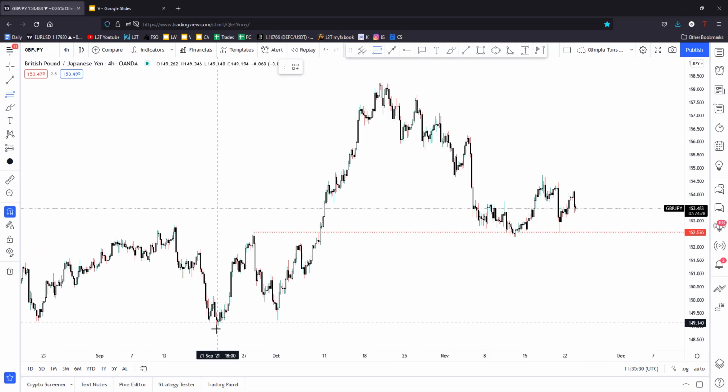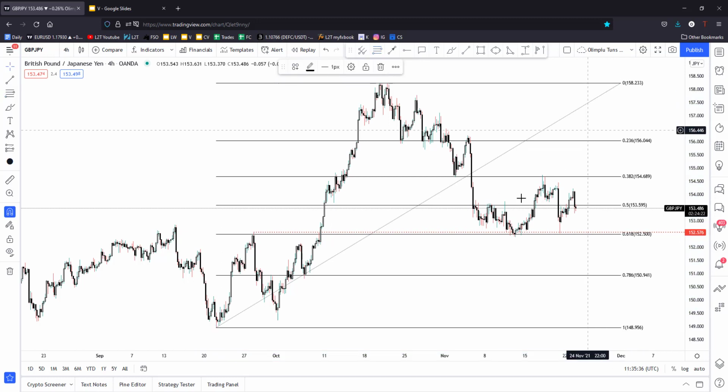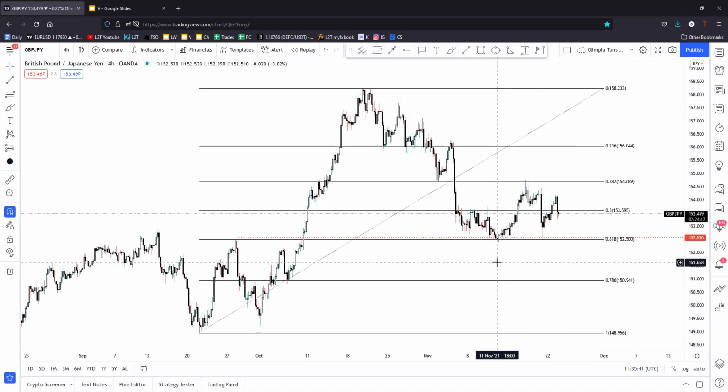Let's first of all use a Fibonacci retracement here. You can see that the price has decreased as much as 152.38. It has reached the 61.8 retracement level, tested and retested this level before jumping higher.